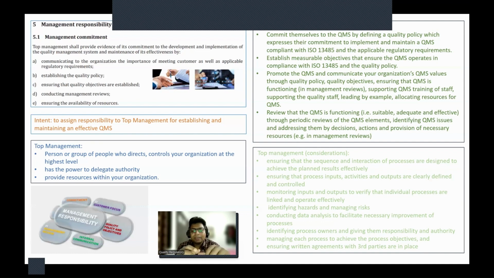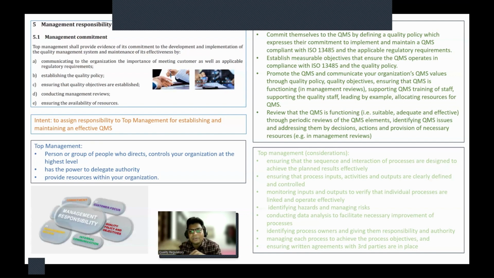For example, let's take the example of product realization. There is design and development. So what are the inputs for design and development? What are the outputs? What are the associated processes? What are other related processes?